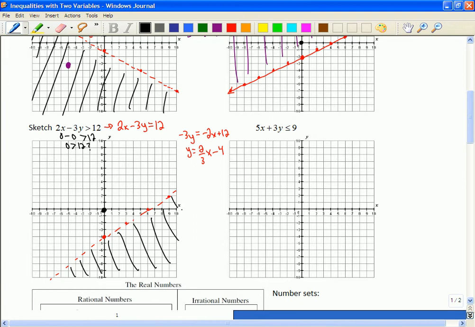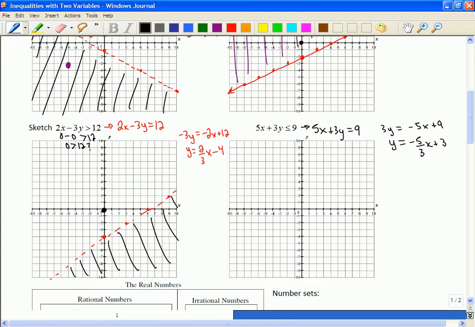So here we go. First thing I'm going to do is pretend I'm dealing with 5x plus 3y equals 9. So the equation is 3y equals, yeah, you're ahead of me. 3y equals negative 5x plus 9. Then if I divide by 3, this is my line.